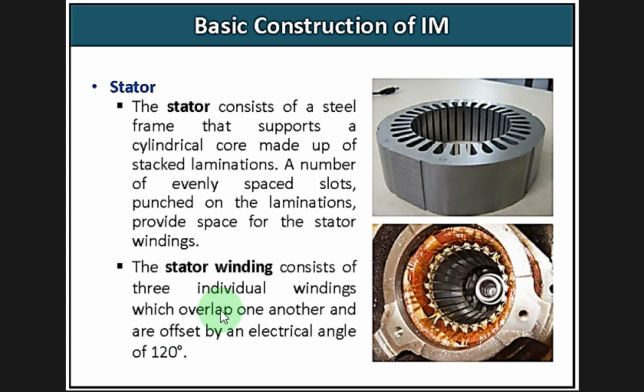The stator winding consists of three individual windings which overlap one another and are offset by an electrical angle of 120 degrees. This is electrical angle 120 degrees. As you remember, in the three-phase supply, the electrical angle between each phase is 120 degrees.